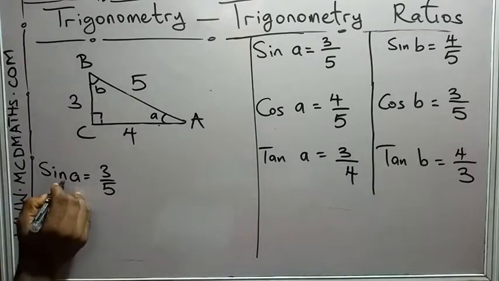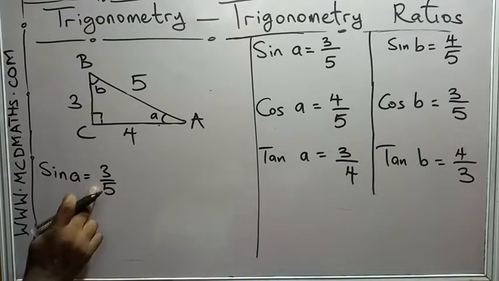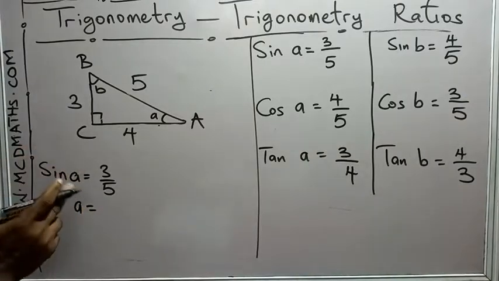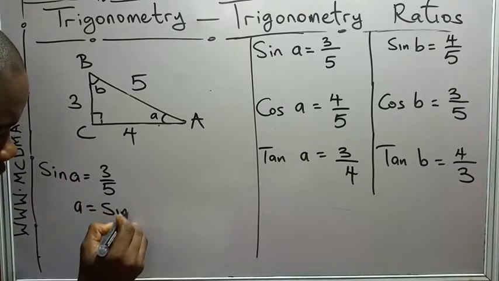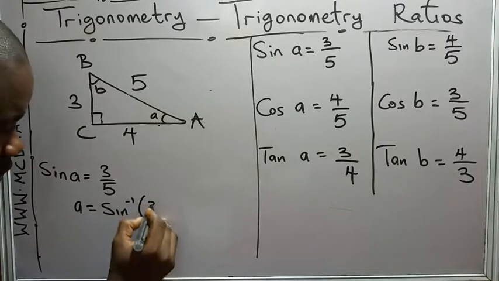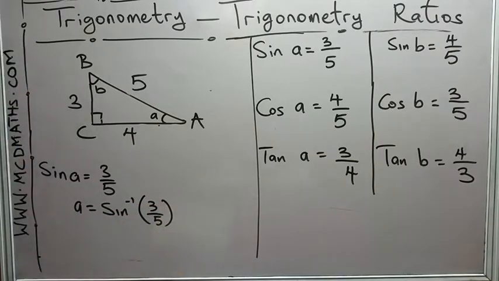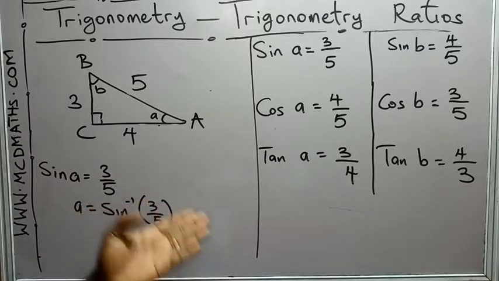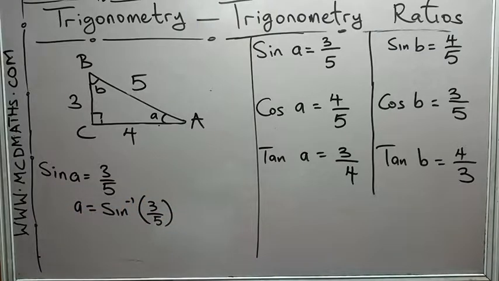Simple. If sine A is equal to 3 over 5, A will give you the sine inverse of 3 over 5. Now you can use your calculator to get the value of that answer. So the sine inverse of 3 over 5. You understand? And that will give you your answer.